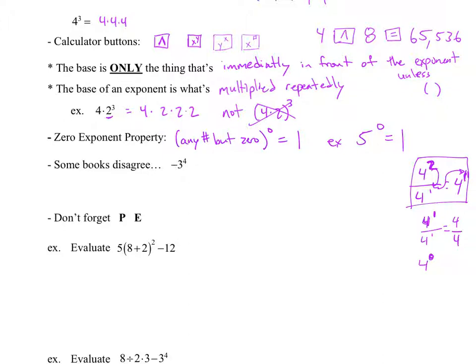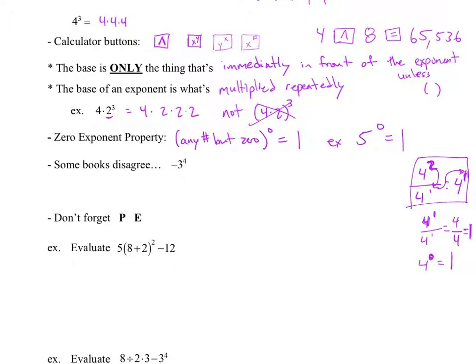And 4 to the first power is 4. So what's 4 divided by 4? It's the number 1. So that's why 4 to the 0 power is 1.